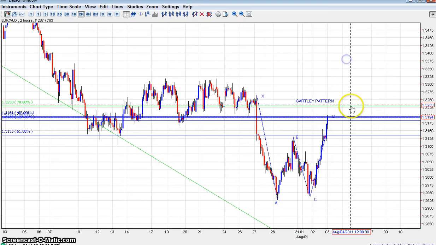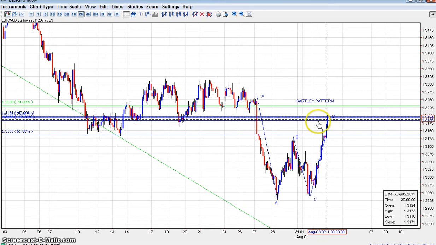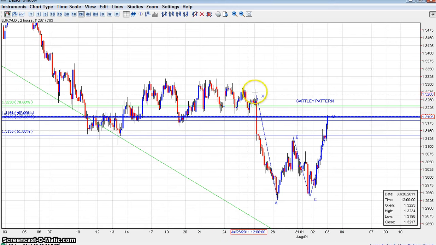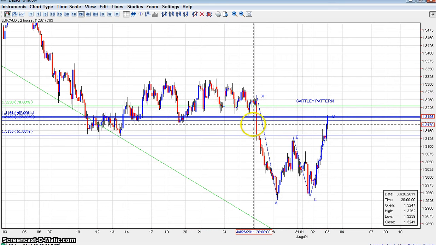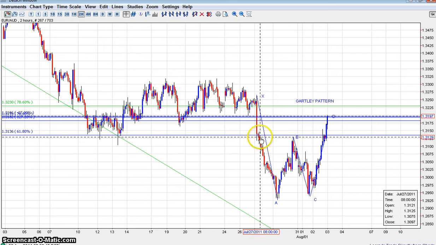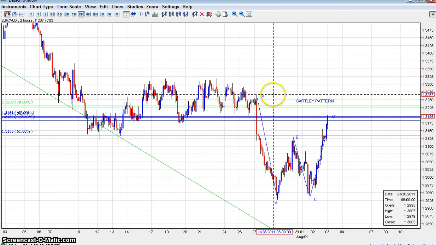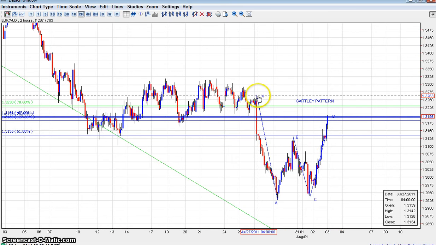So in terms of entry levels, you can actually go short right now, but since you can see this D point is literally below this congestion zone, price might actually trade into the congestion zone before reversing. So obviously with the Gartley pattern, the ideal stop loss should be above point X, which is the beginning of the pattern.